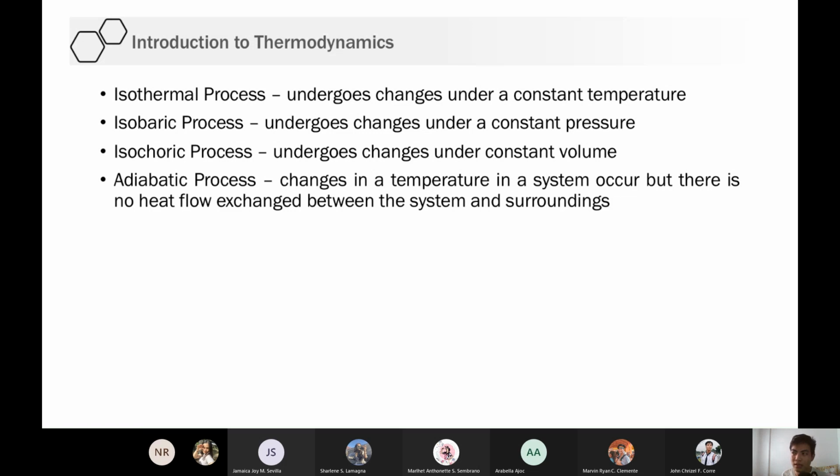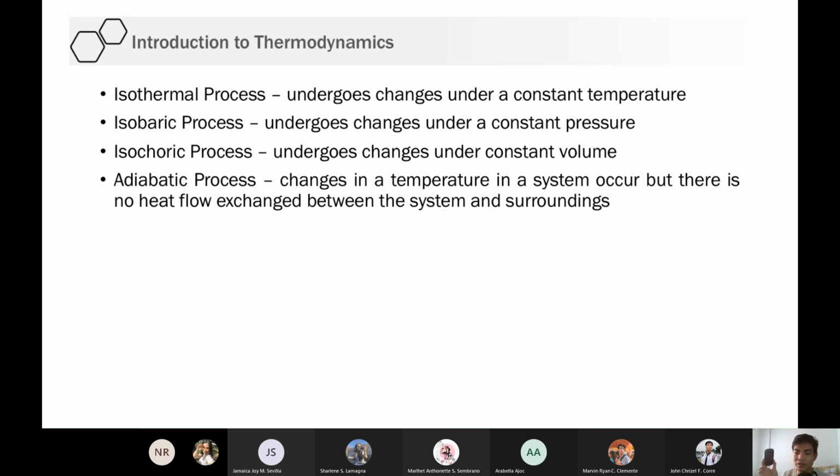Pag sinabi namang isobaric, constant pressure. Kunwari, mouse ko. Drop ko to dito sa kamay ko. Isobaric process yon because the change in the energy of the mass happened at constant pressure.